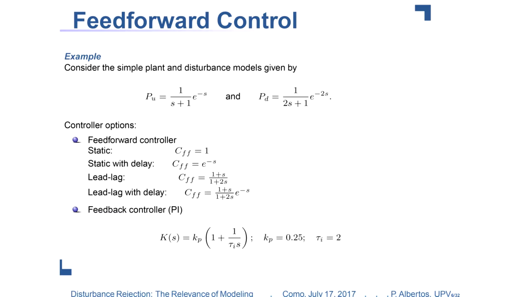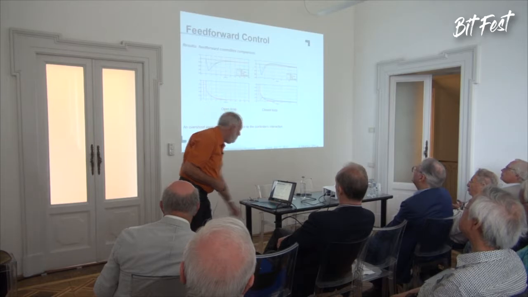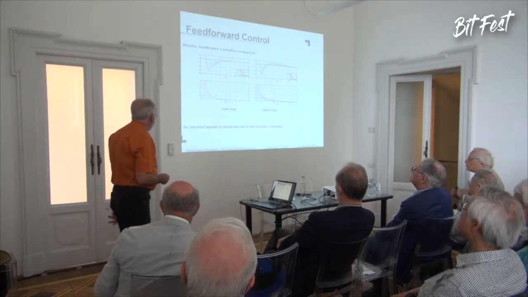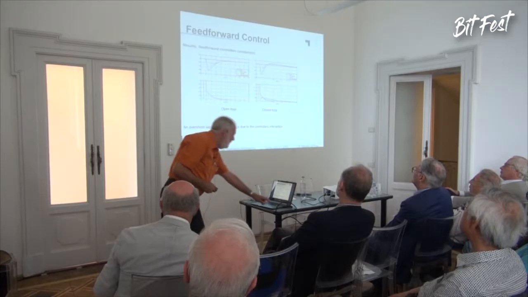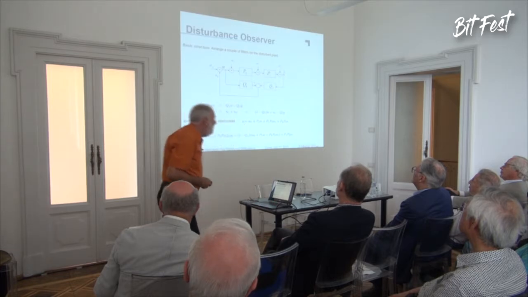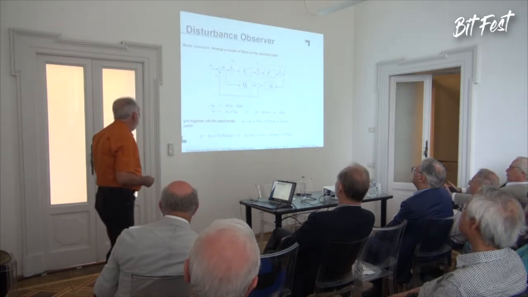And then for the feedback controller, you will use, for instance, a PI. So these are the evolution of the output when we are using the feed-forward controller, in open loop and in closed loop. And you can also estimate the disturbances.